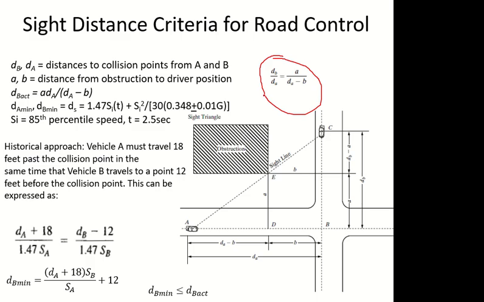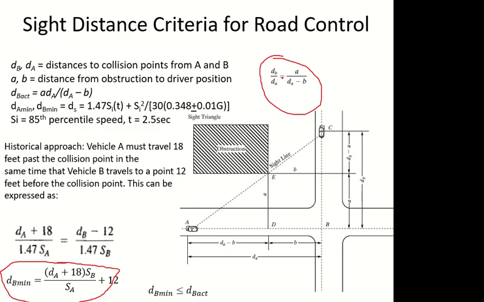This ratio gives you the available distance. You can check it using the side distance, no stop sign, nothing. Okay, you can check it using this one. Again, it is also based on side distances, but based on the timing, and it has a safety factor of 18 feet and 12 feet as well.